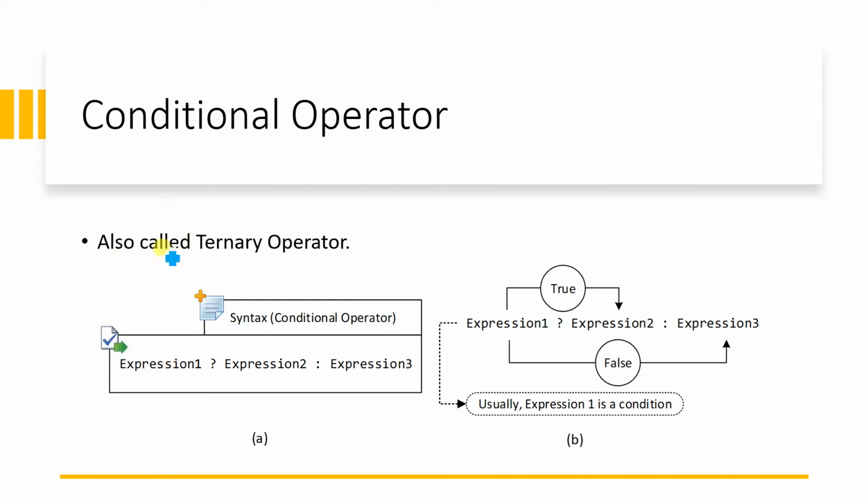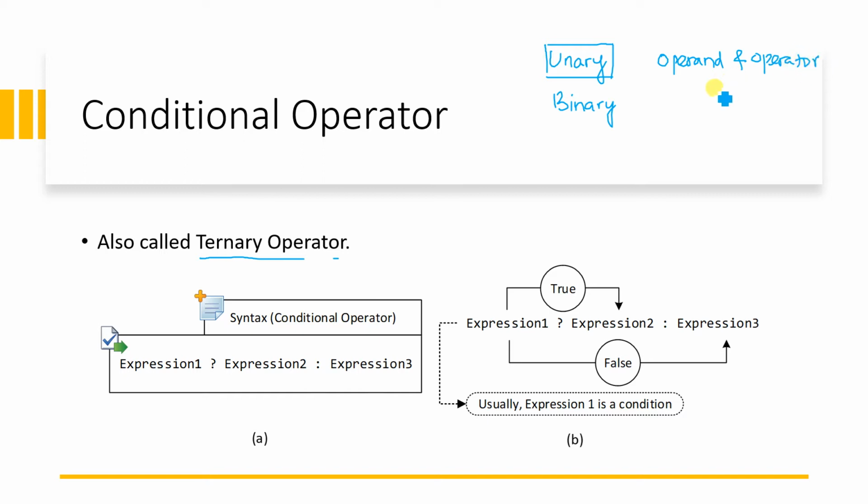Generally a conditional operator is called a ternary operator. So what do you mean by ternary operator? If you remember, we talked about unary operators and binary operators. Now it comes as ternary operator. In a unary operator there will be one operand and one operator.